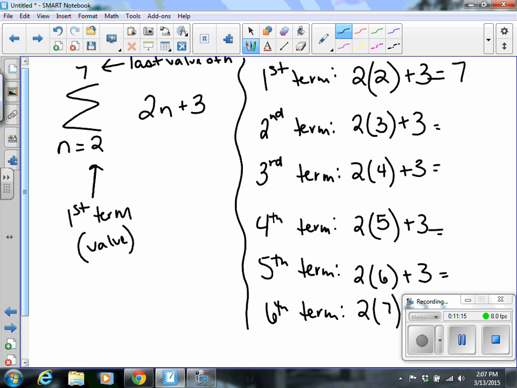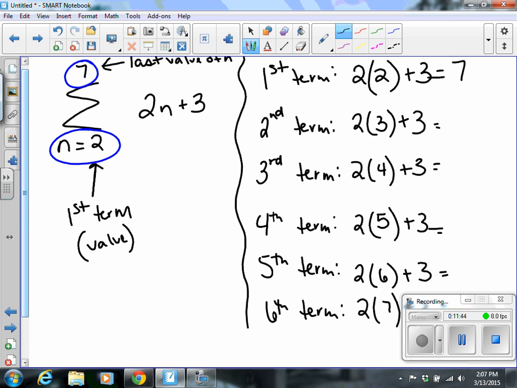It goes from 2 to 7, which relates back to the numbers over here. So I have 2 times 2 plus 3, 2 times 3 plus 3, 2 times 4 plus 3, 2 times 5, until I get to that top one. Then after I figure out all of those values, I just add them all together because it's a sum based on my sigma.